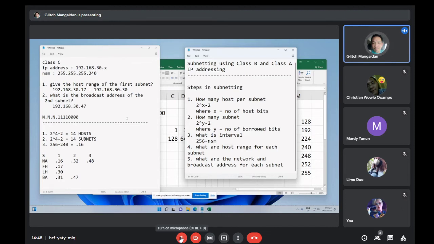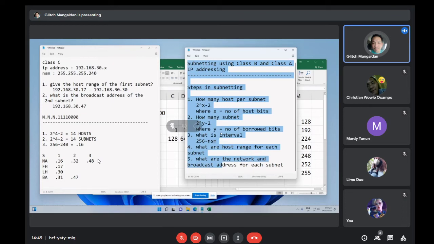Try to use your mind to compute the questions. IT kayo eh, so dapat pag tinanong kayo ng mga ganitong question, you can answer this without notes. Nakakahiya naman kung dadalhin nyo pa to para lang masolve yung mga problems nyo in networking. Kailangan masagutan natin to ng walang notes.